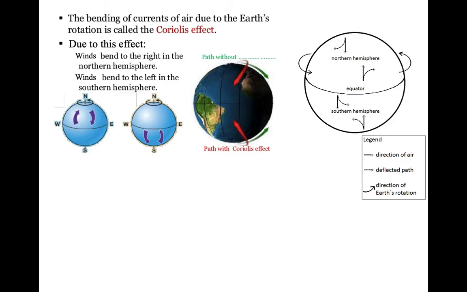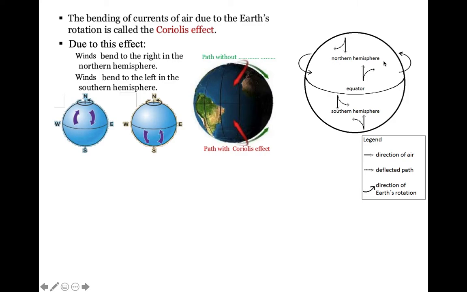So, an exactly mirror image of these phenomena in the northern hemisphere happens down in the southern hemisphere, with deflected pathways of winds. The same thing applies to airplanes, which are not attached to the face of the Earth. If a pilot is trying to fly from New Orleans to Chicago, further north, he or she has to consider the Coriolis effect, because the airplane is not going to be flying on a straight path, but is going to be deviating to the right.